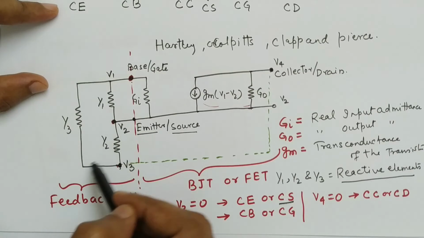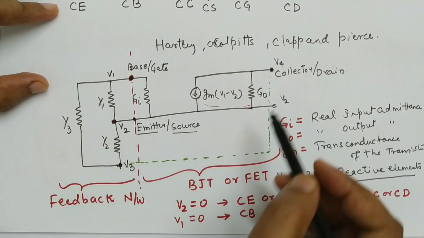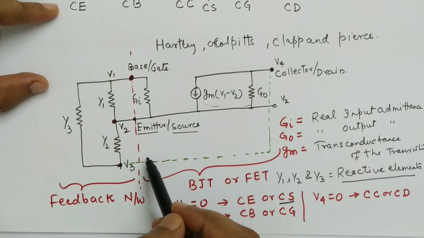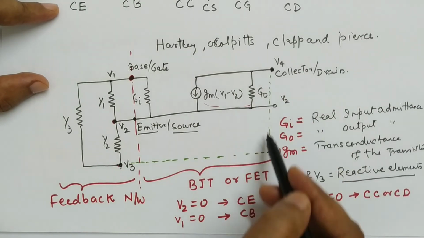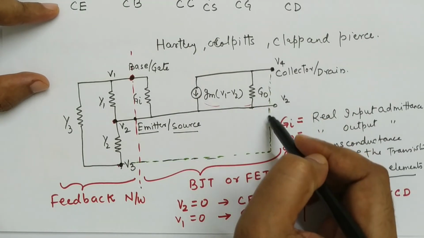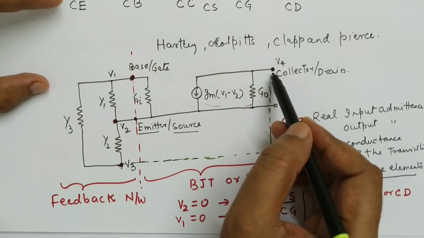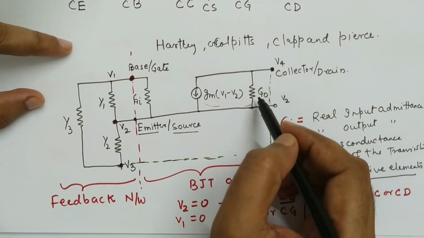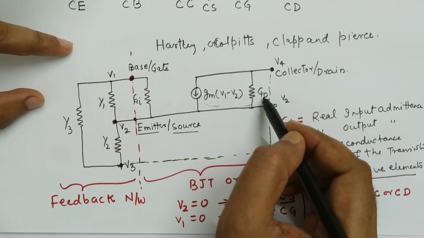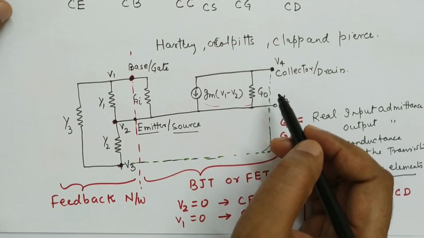So the feedback network was already there, but the connection to the feedback network from the output of the transistor should be there. So when we connect this, it will become V3 equal to V4, and also if we take a BJT, G0, that is the output admittance, is approximately 0.